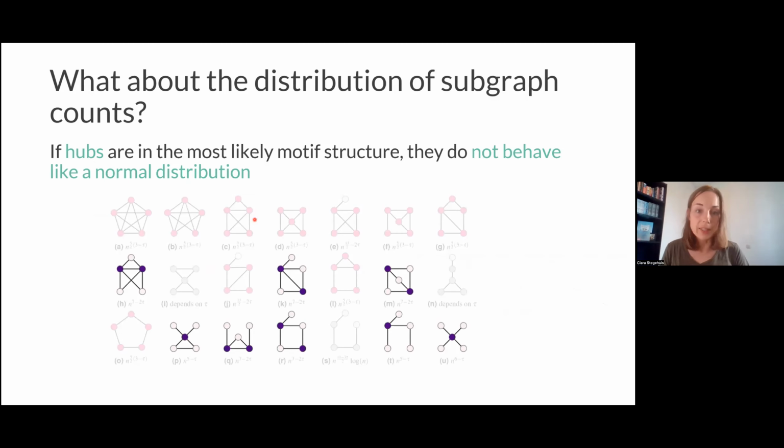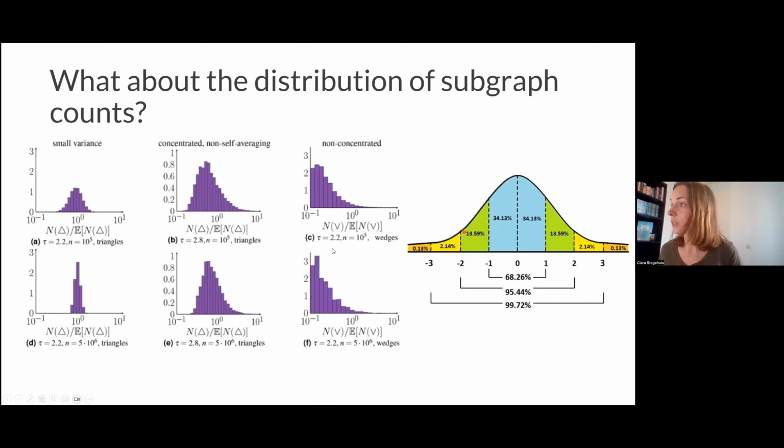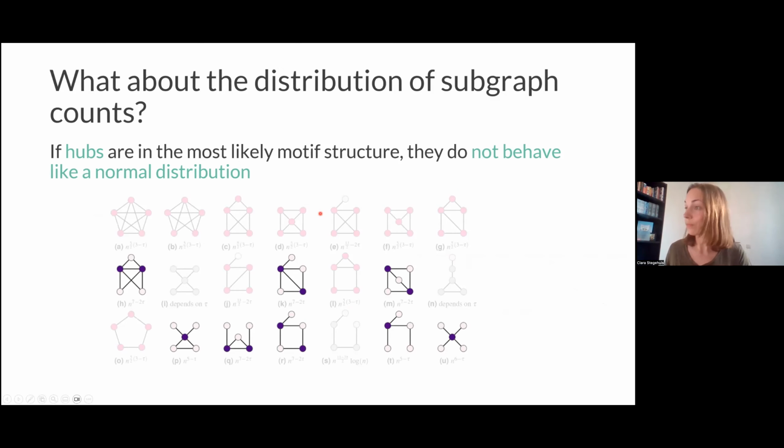So what we can show is whether there is a normal distribution or whether there is such a very skewed distribution as this. We can exactly show for which types of subgraphs you have these very skewed distributions that do not look like a normal distribution at all. So in summary, the ones that do not look like a normal distribution are the ones that have these purple hubs in the solution that we had before.